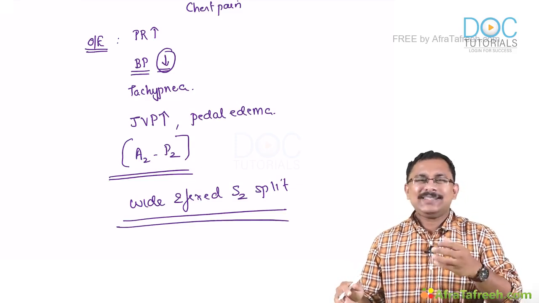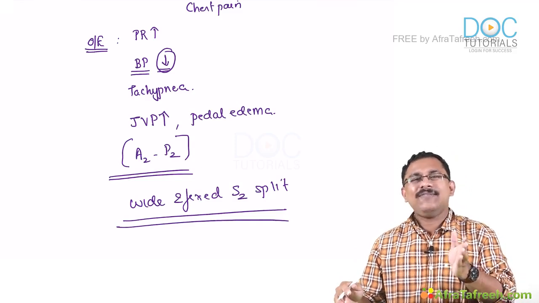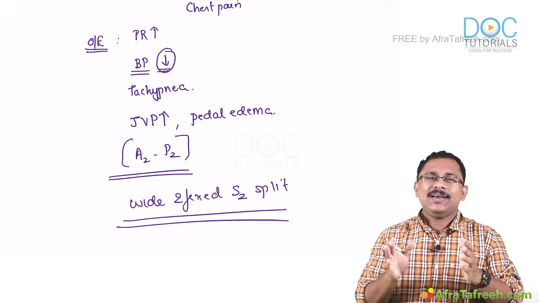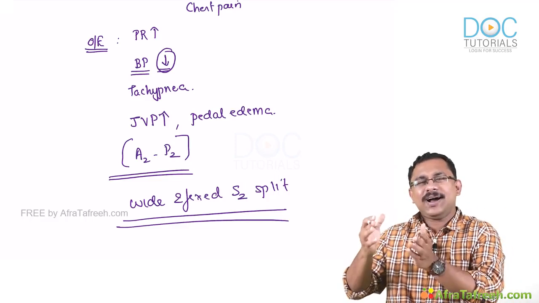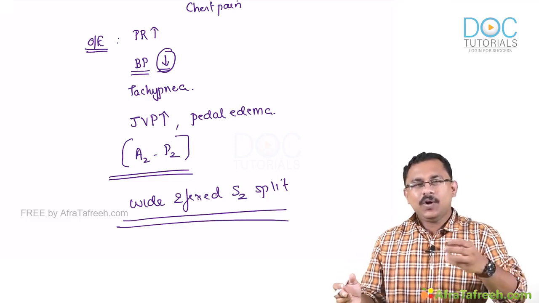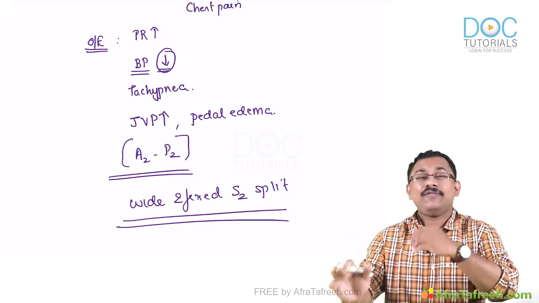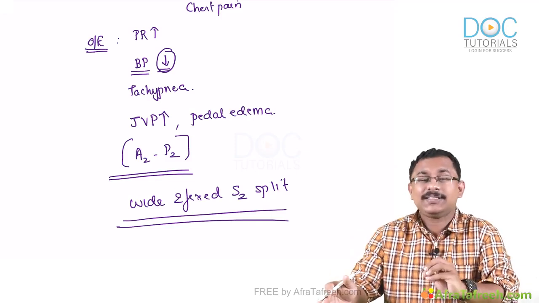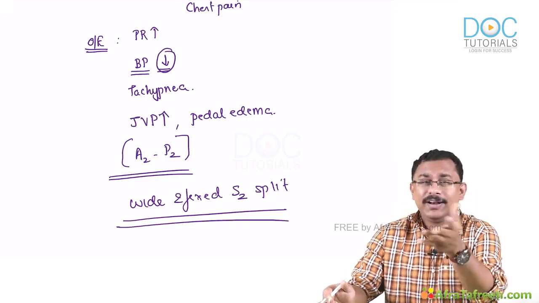Now what about features of left heart failure? I told you that happens only very late. Usually this is a predominant right heart failure, and even when there is a left heart involvement, it is just that the preload is decreased and the hypotension happens. So often you will not get any features of pulmonary edema in case of pulmonary embolism unless it is in the late stage where it is a biventricular failure.